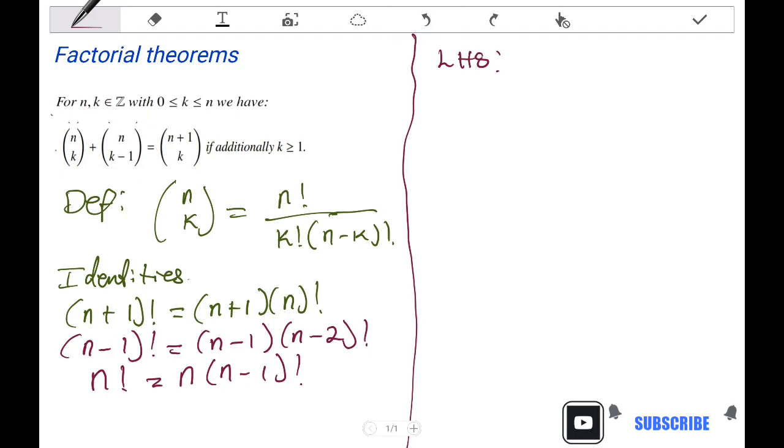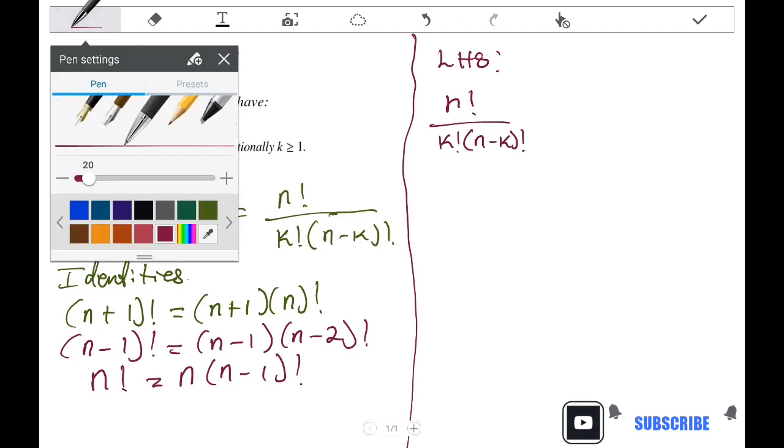So n choose k, using the definition, is the same as n factorial divided by k factorial multiplied by (n minus k) factorial. That's the first thing that we know.